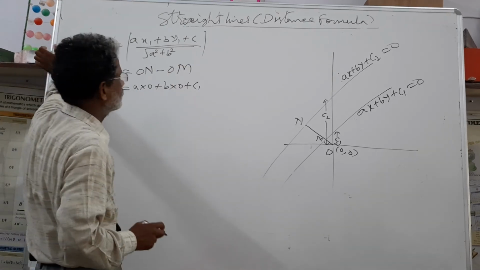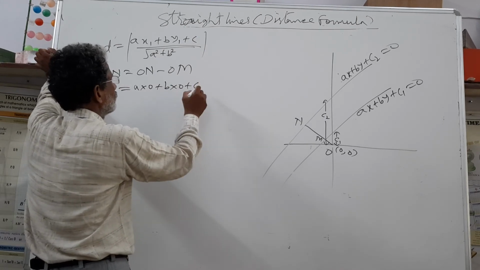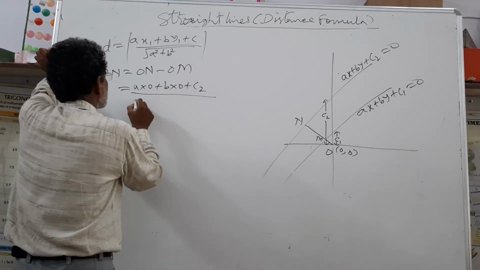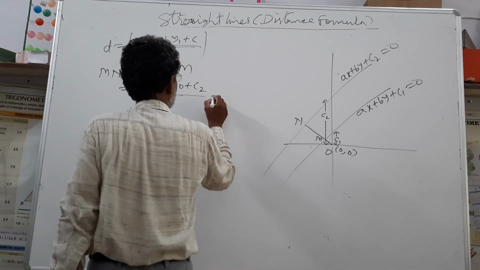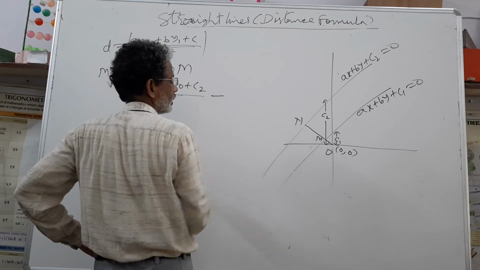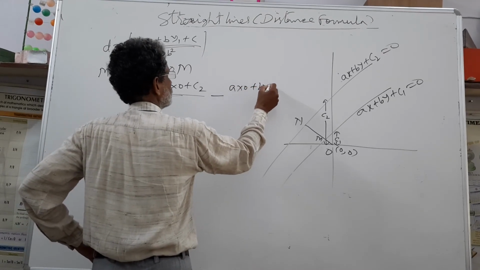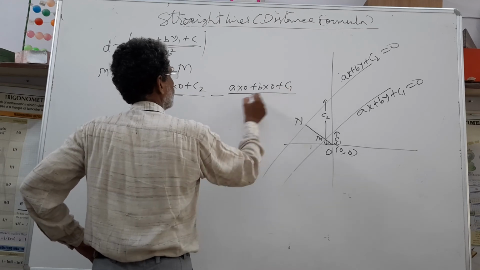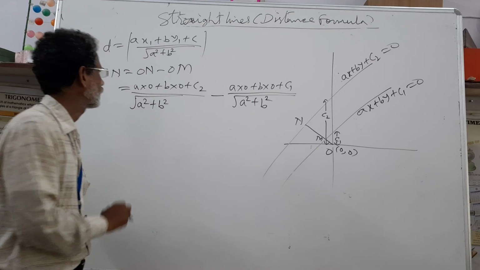Now ON is equal to (A into 0 plus B into 0 plus C2) upon under root A square plus B square, minus OM, which is (A into 0 plus B into 0 plus C1) upon under root A square plus B square.